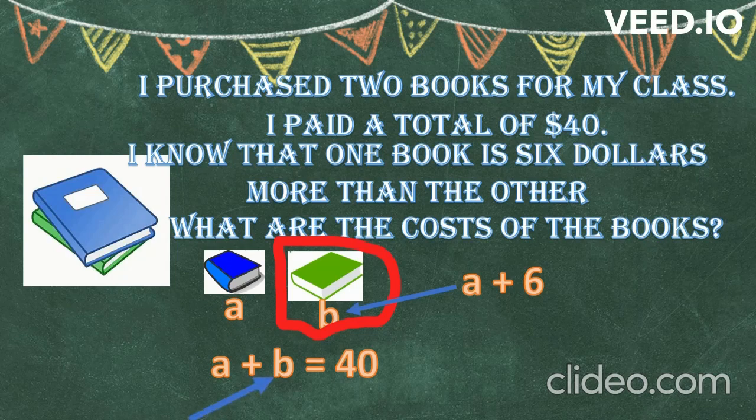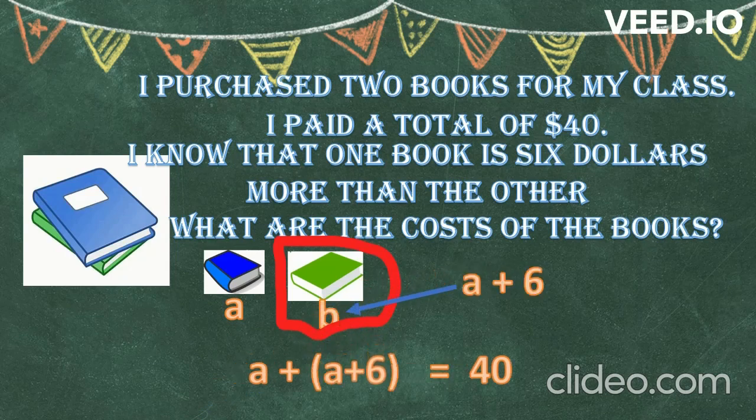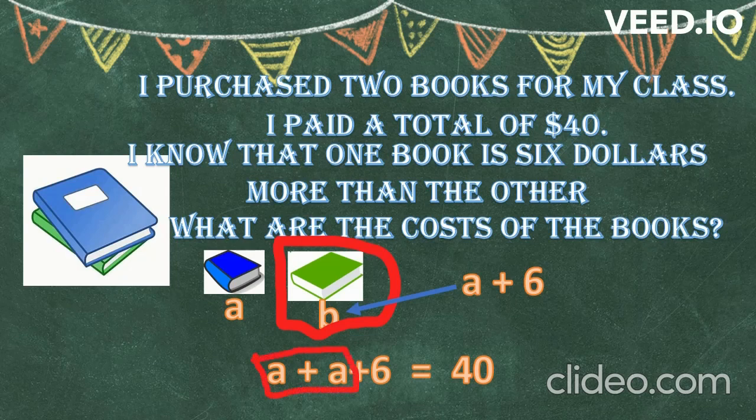So we have B is A plus 6. This A plus 6 can be put in place of B. In place of B, we are putting A plus 6. So A plus A plus 6 makes 40. We have two A's here. So 2A plus 6 makes 40.